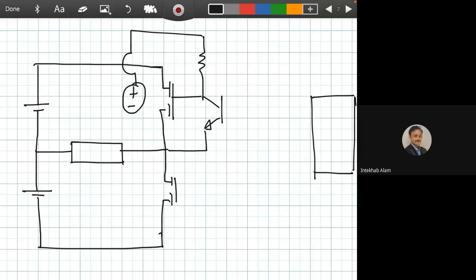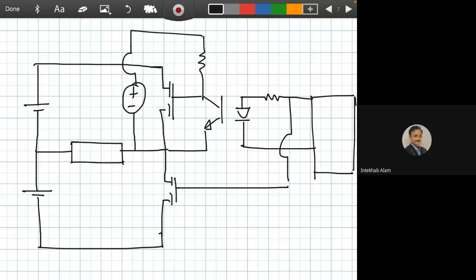Please draw the picture so that you will also learn. Okay, so you'll find an interesting thing here.